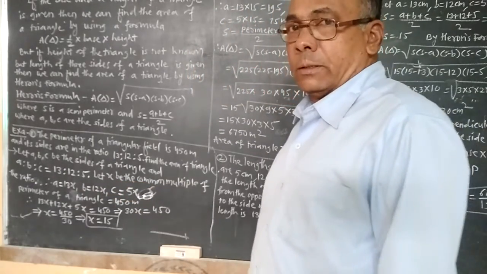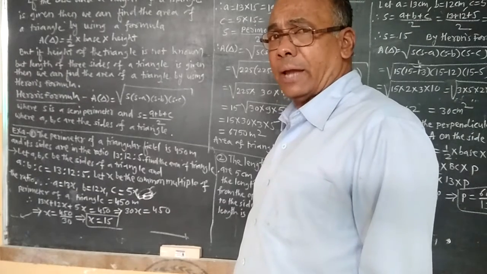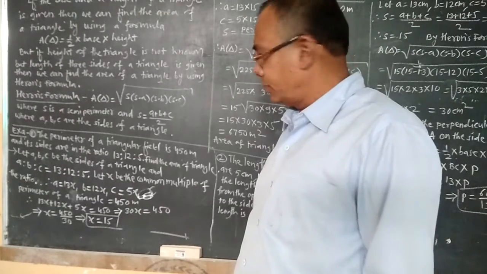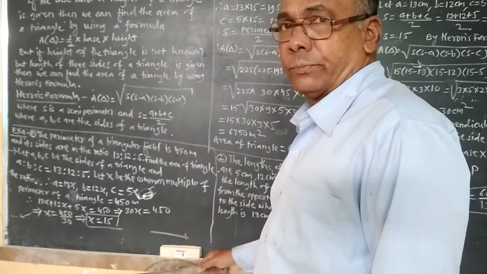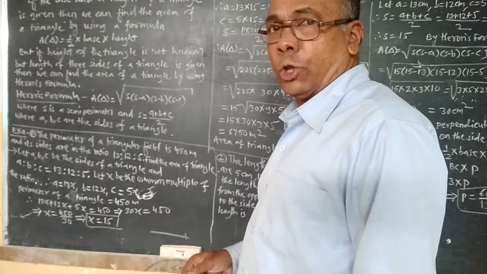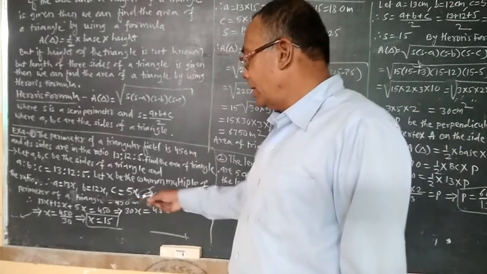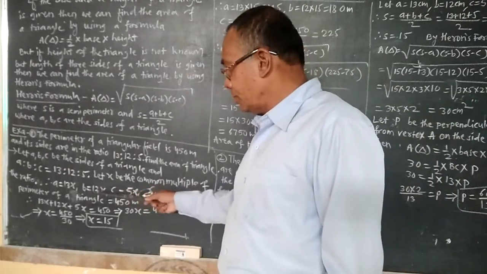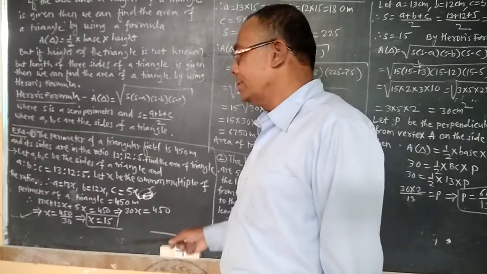Now if the ratios are given, then we must know the common multiple, and the common multiple is x. So let x be the common multiple of the ratio. Then A is equal to 13x, means length of side A is 13x, length of the other side B is equal to 12x and length of C is 5x.